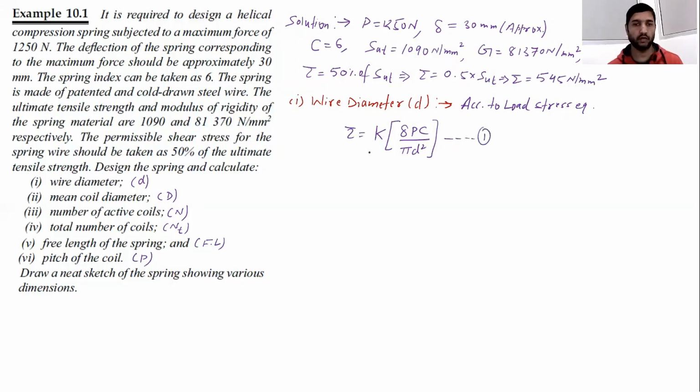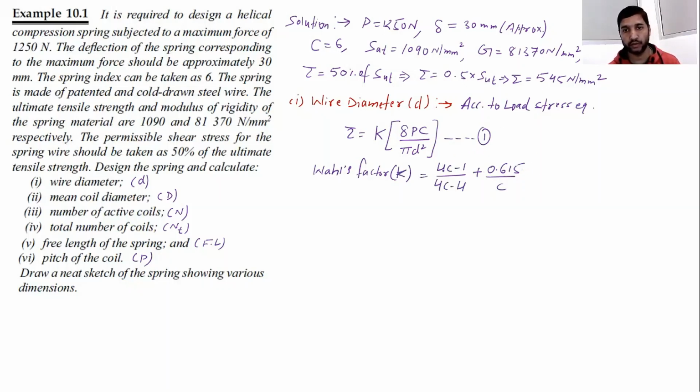Now in this formula, we have tau, P, and C, and we need to find out d. But K we also have to find out, because we do not have K right now. The formula for Wahl's factor is capital K equal to 4C minus 1 divided by 4C minus 4, plus 0.615 divided by C. So in this question, spring index is already given to us, which is 6.